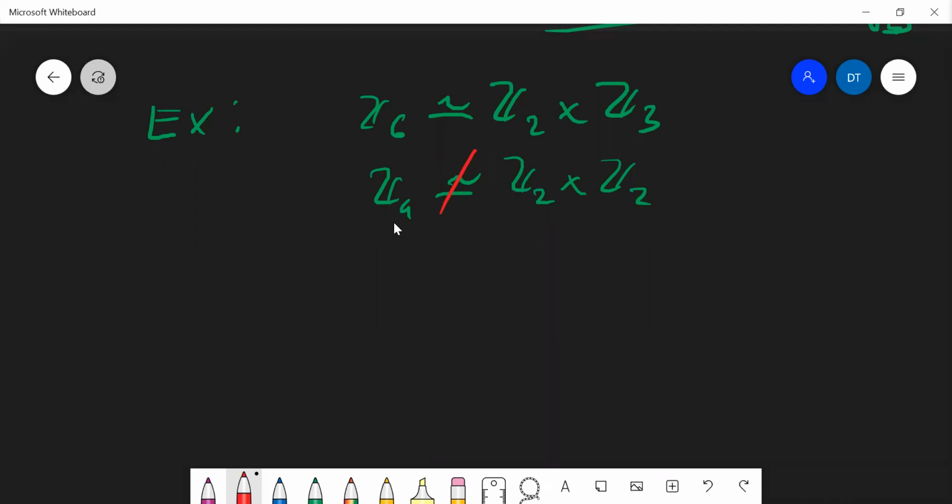In order to do that, we have another claim which explains how to compare two finite abelian groups. Let me formulate this claim.